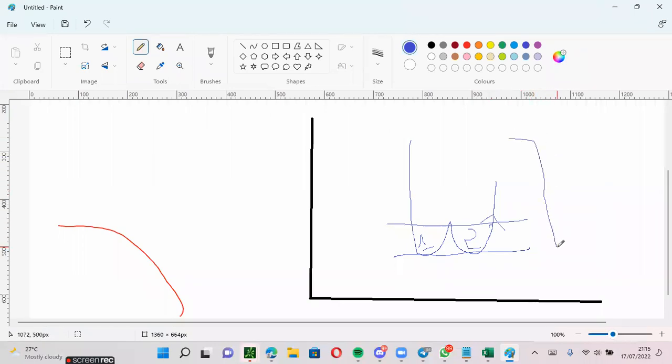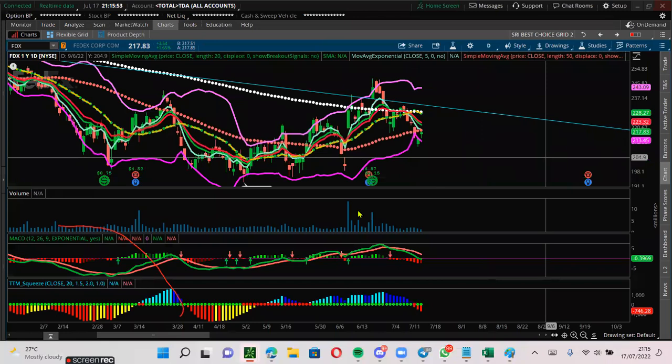The stock comes back down and makes a bottom. Again it comes back down and makes a bottom. It comes back down and makes a bottom. So there will be a neckline, and the moment it breaks out above this line, this is what a triple bottom is. The same thing here.